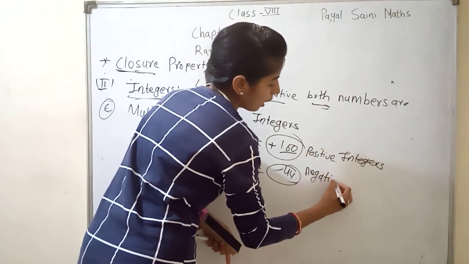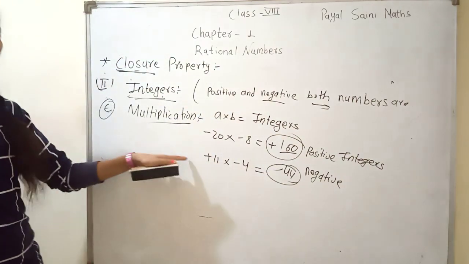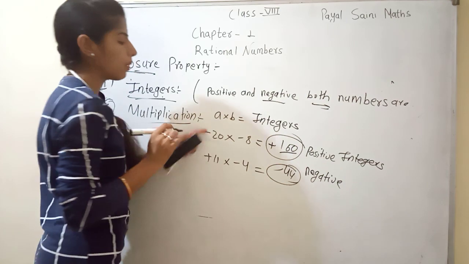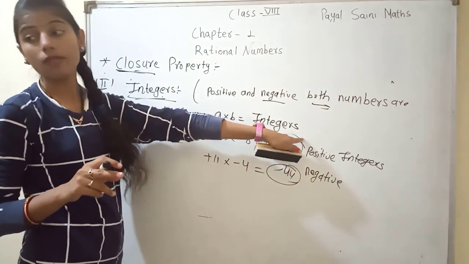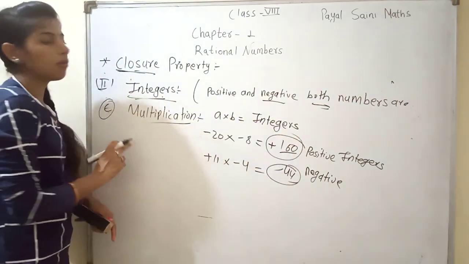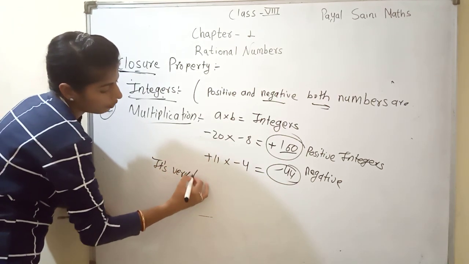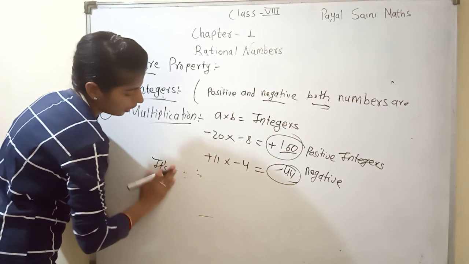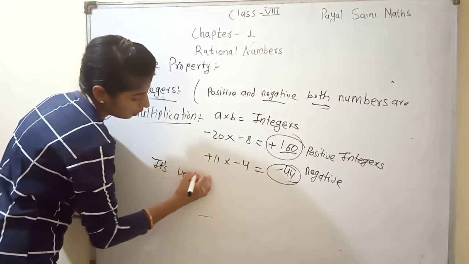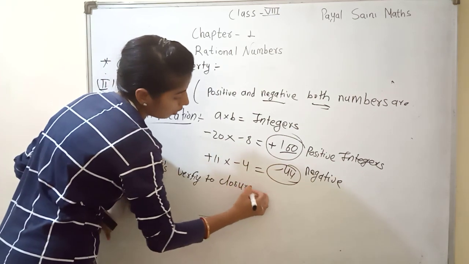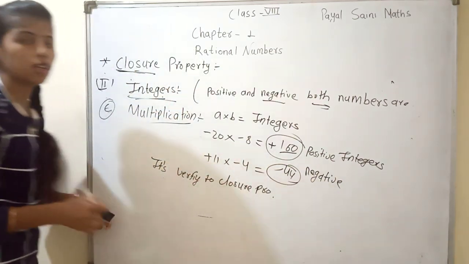It means in multiplication we prove that when we multiply two integers then the answer should become an integer. Like that we can say multiplication is verified to closure property.